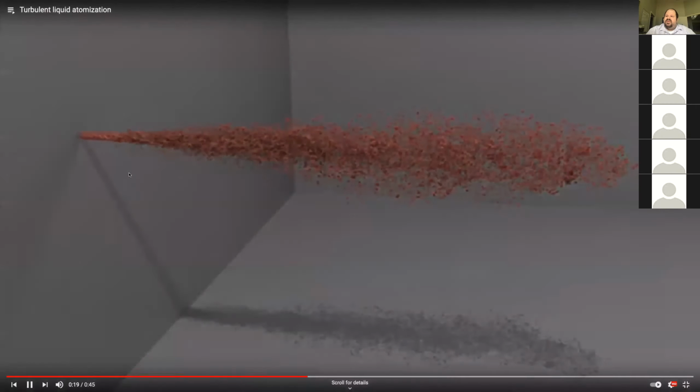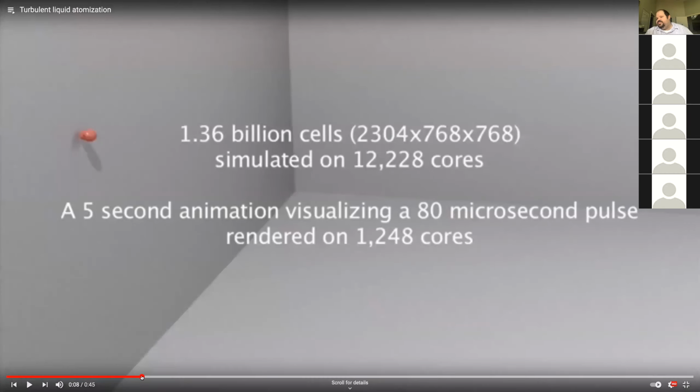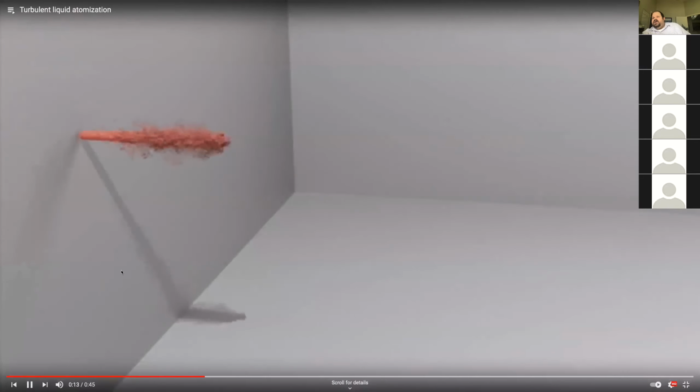As the liquid jet becomes unstable, the surface instabilities on the surface of the jet are just part of the solution process. So these VOF methods are really good for understanding highly dynamic, evolving surfaces.